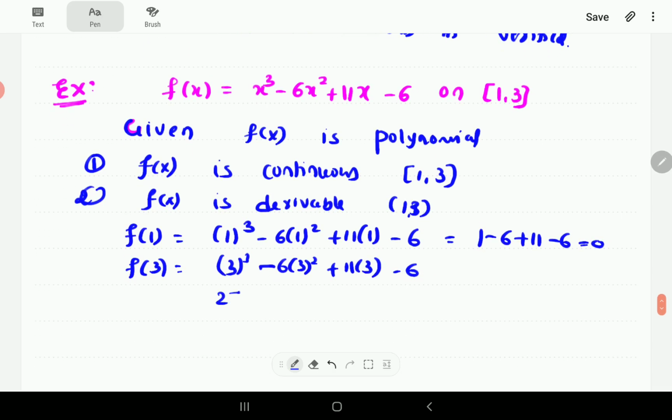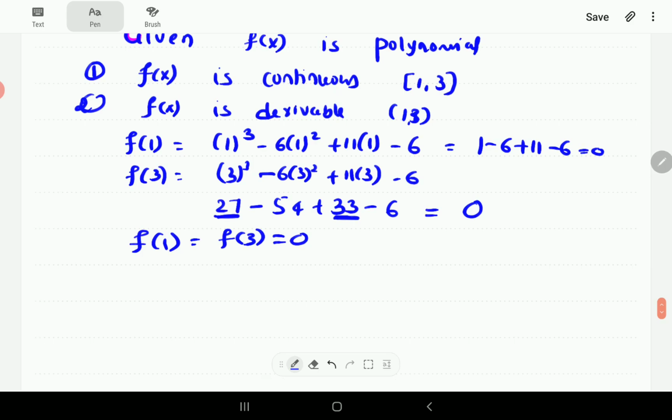This is 27 minus 54 plus 33 minus 6, which is equal to 0. So we have got f of 1 equal to f of 3, which is equal to 0.